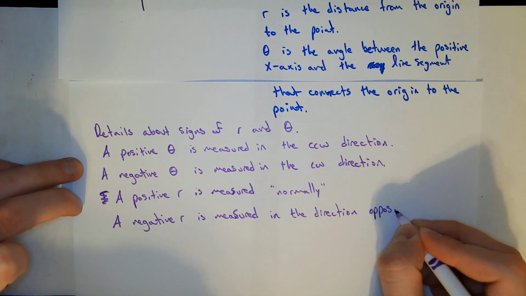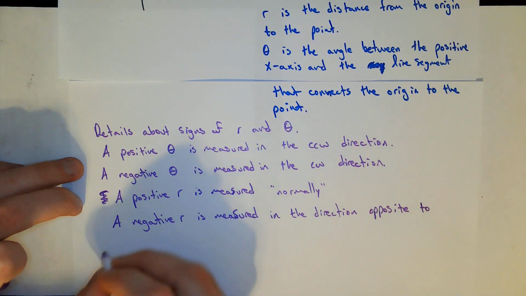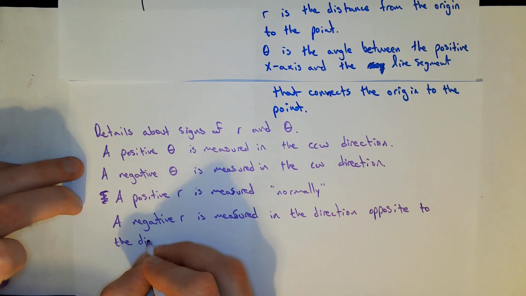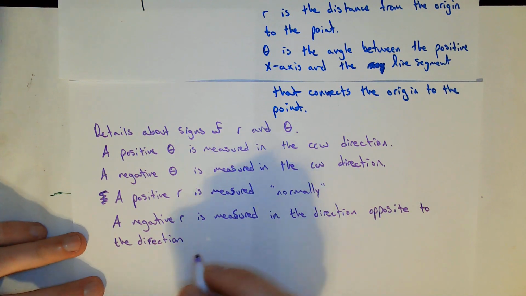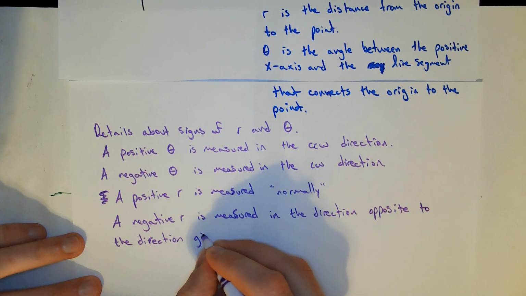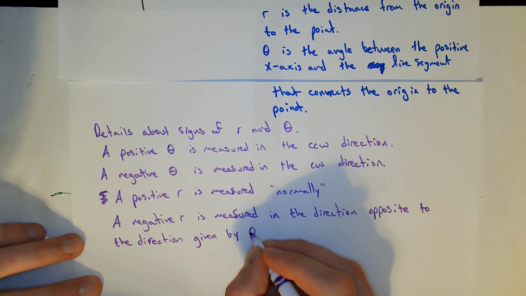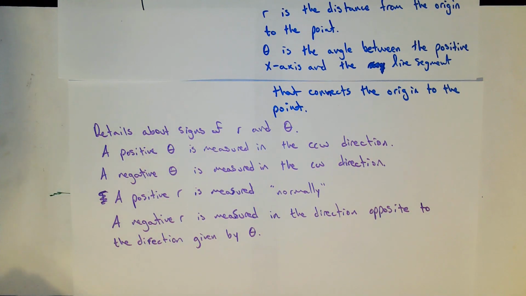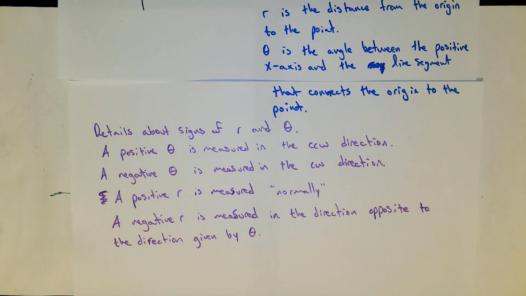I'll give an example. Opposite, because theta is defining the direction here. So a negative r is measured in the direction opposite to the direction given by theta.